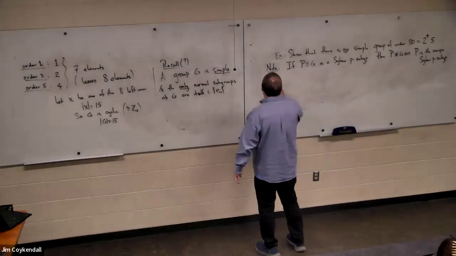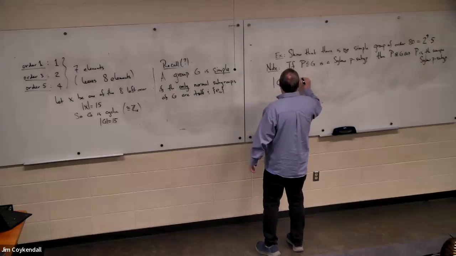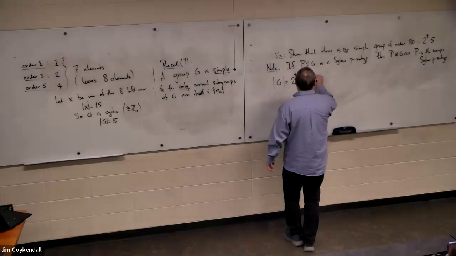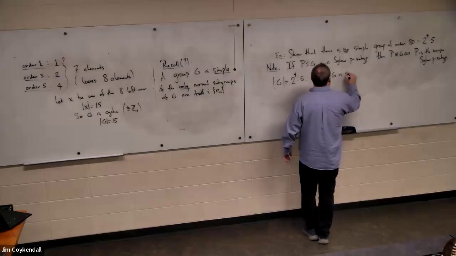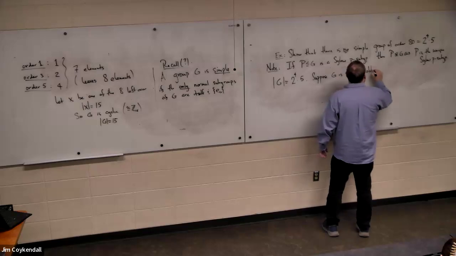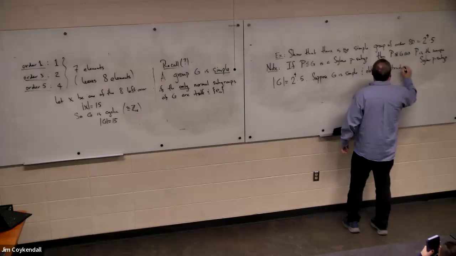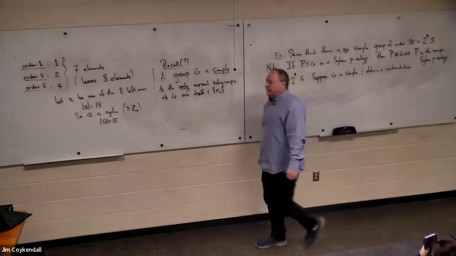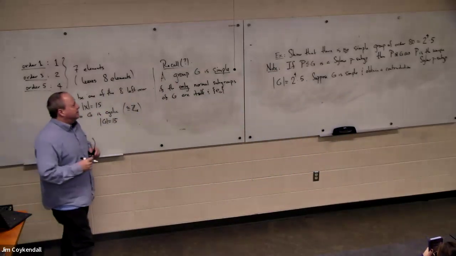So we have the order of G is 2 to the 4th times 5. Let's suppose G is simple and try to obtain a contradiction.